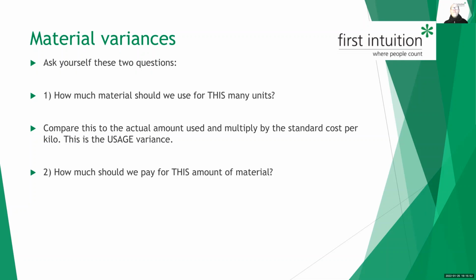Second question, how much should we pay for this amount of material? Notice, again, not the budgeted amount, but the amount of material we bought. If we bought 12,000 kilos, how much should we pay for 12,000 kilos? Compare with the actual amount, that's your price variance.